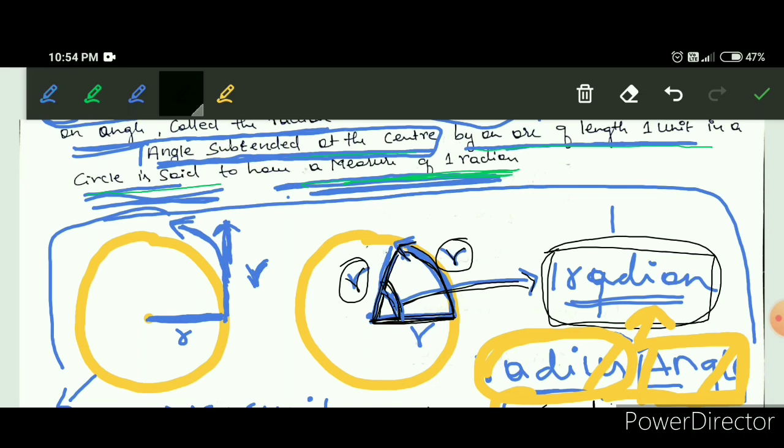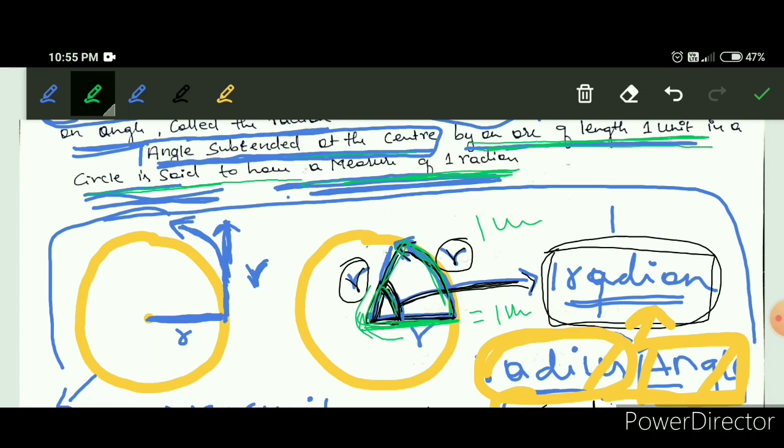This angle is subtended at the center by an arc of length 1 unit, which means the radius r is 1 unit in a circle. Using an arc of length 1 unit to form an angle at the center, we get a radian.